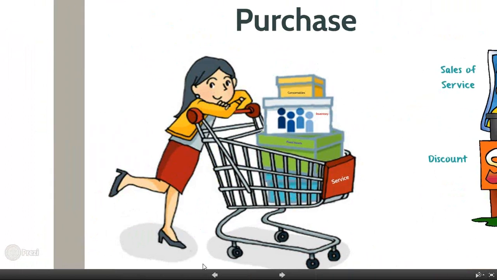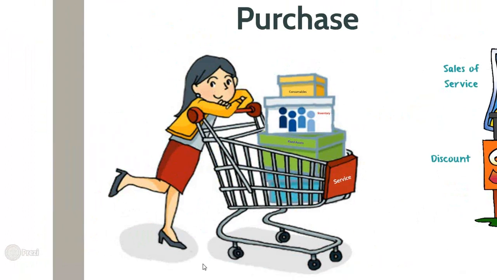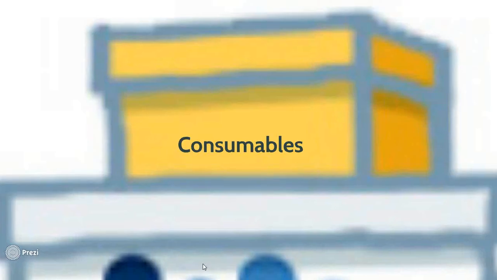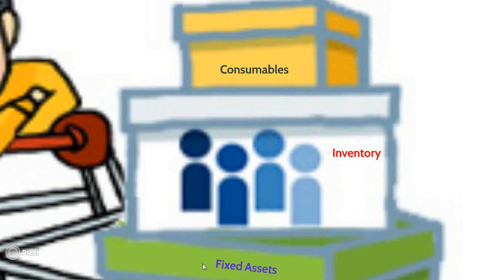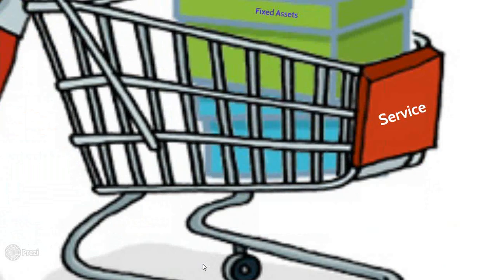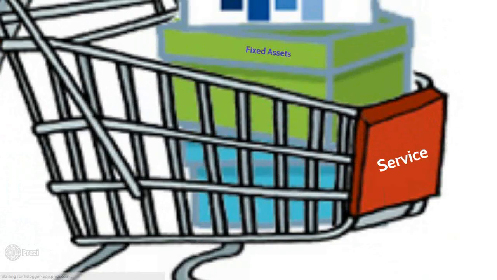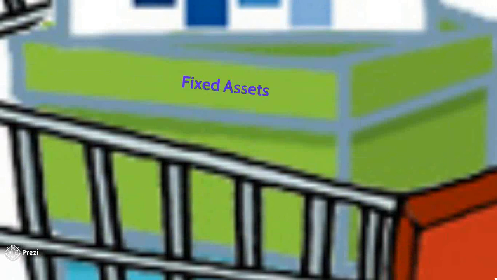So this is one event, but in one event, multiple things can be captured. I can purchase consumables, that's my expense item. I can have certain services involved, freight charges or any maintenance services, consultation services. So those also can be purchased. Other than this, I can purchase for my inventories, fixed assets, and many more things.